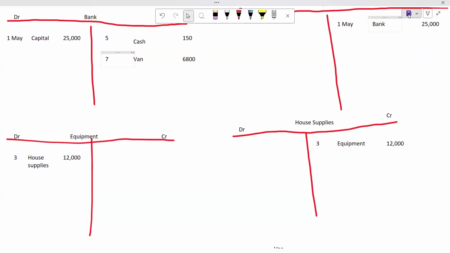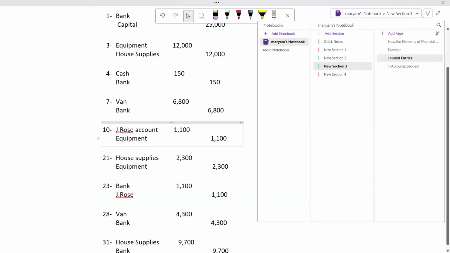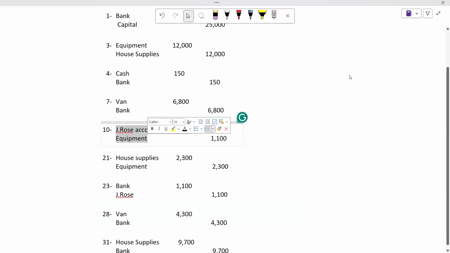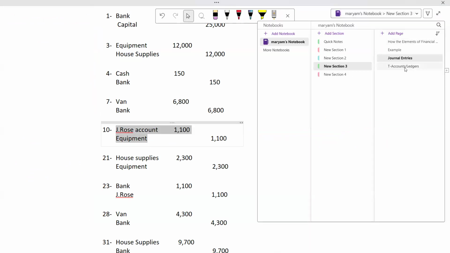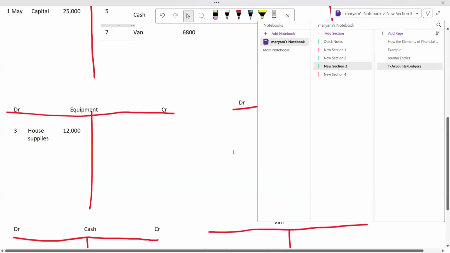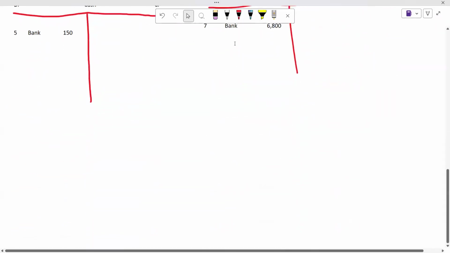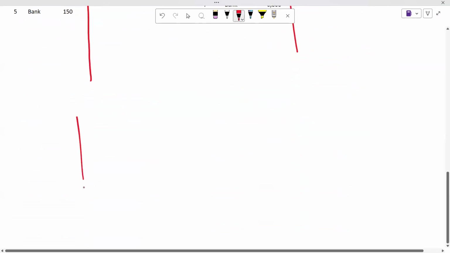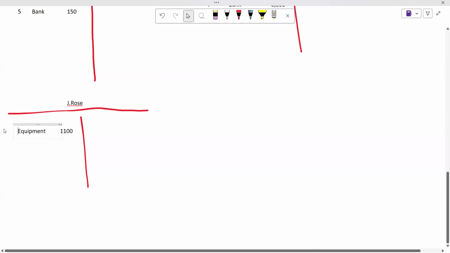Perfect. Next entry is Joe's and equipment account. Joe's account is being debited 1,100. Joe's is debited for 1,100. Reason being equipment.